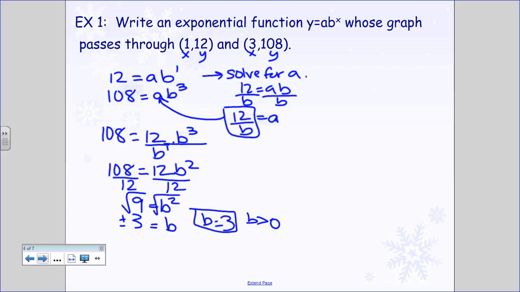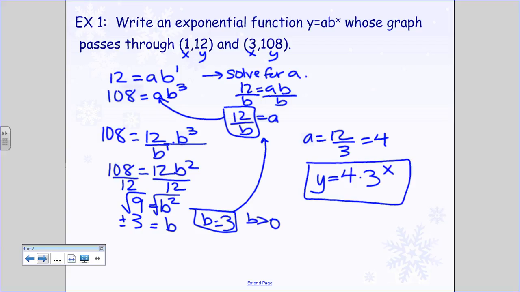Okay, so now we need to find a, so we plug that back into any equation that has an a and a b. I'm going to plug it in there, so a is equal to 12 over 3, which is 4, so a is 4. Then my exponential function is y equals 4 times 3 to the x, and this is my final answer.